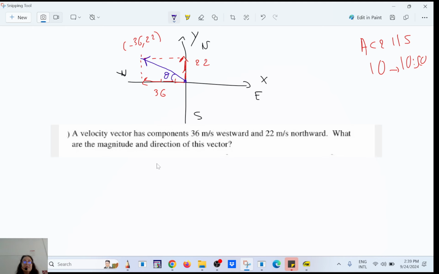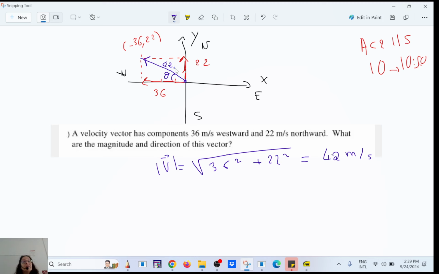Okay, so let's find the magnitude. For magnitude, you use the Pythagorean theorem, right? So it's going to be 36 squared plus 22 squared, and you get 42 meters per second. So that will be the speed.